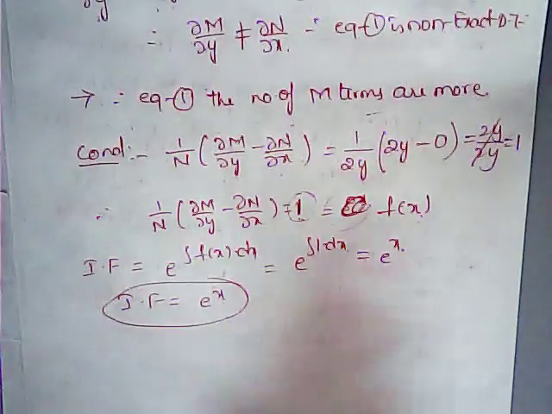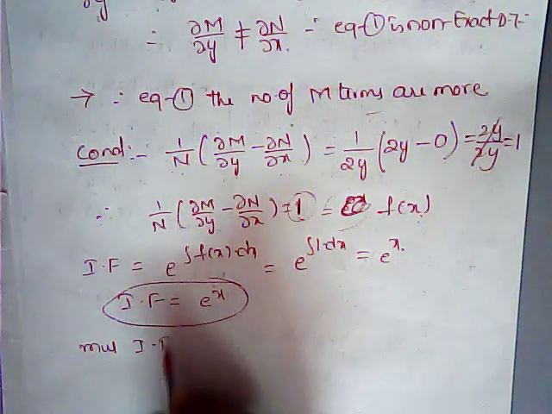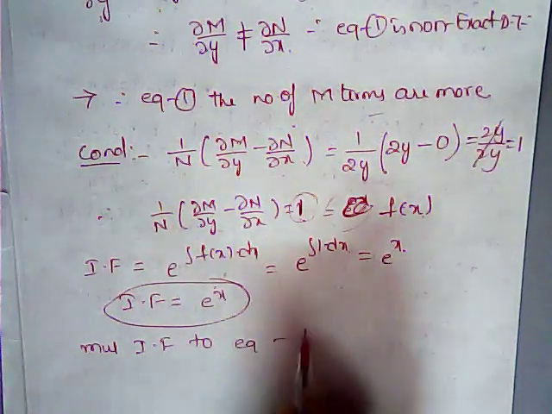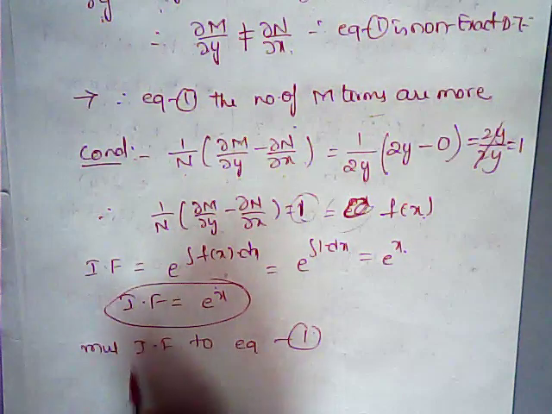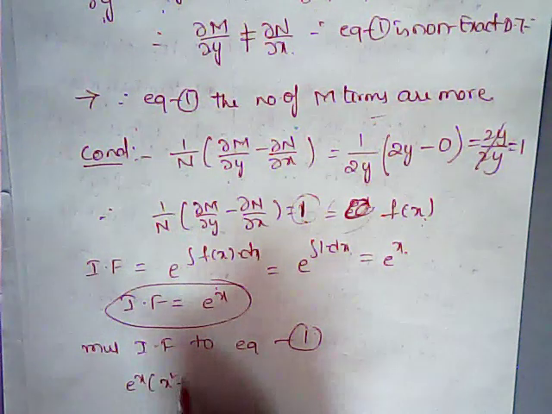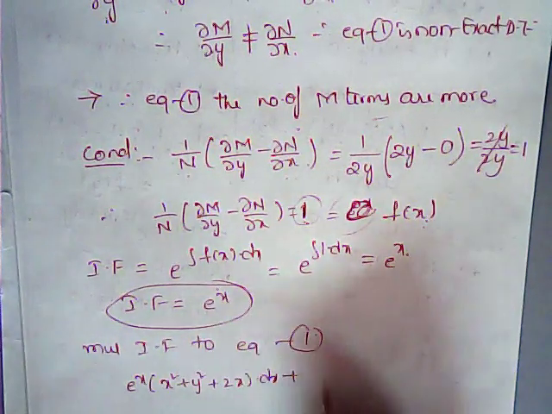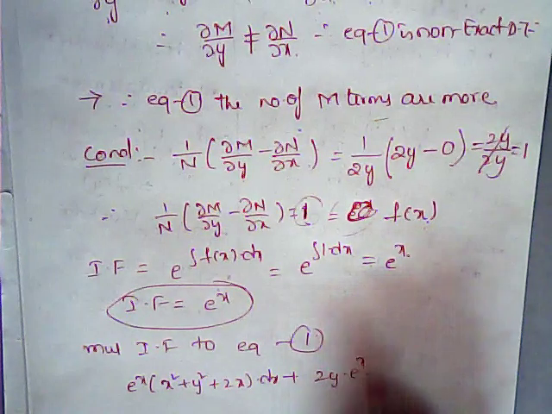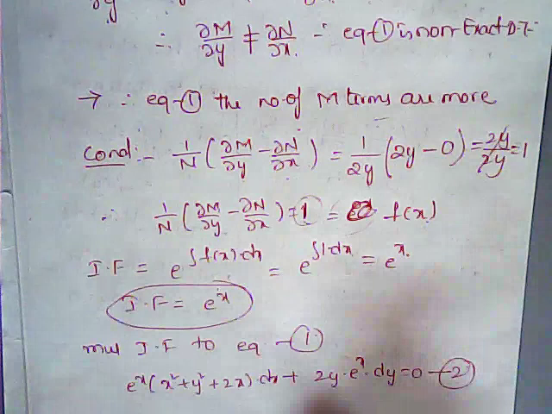After getting the integrating factor, what are you supposed to do? You need to multiply the integrating factor to equation 1. Multiply it with equation 1. Which will be e power x into (x square plus y square plus 2x) dx plus 2y e power x dy is equal to 0. Let me take it as equation 2.